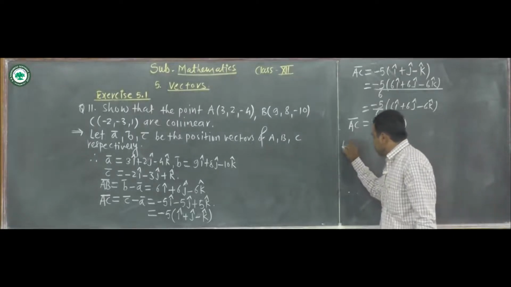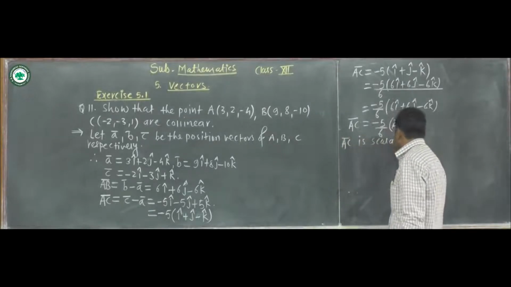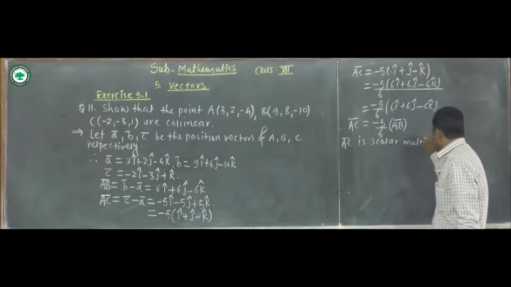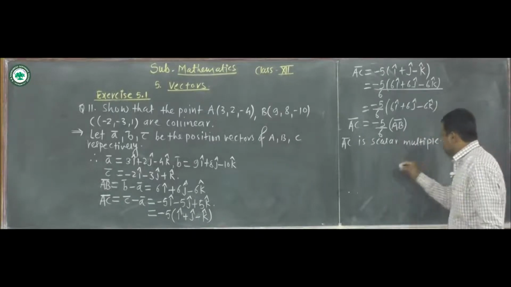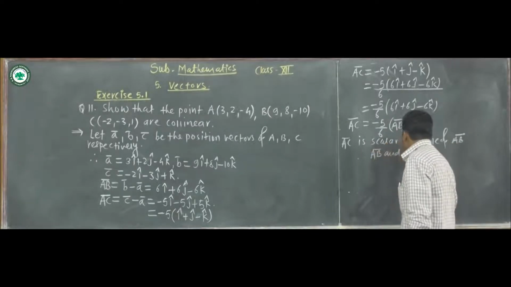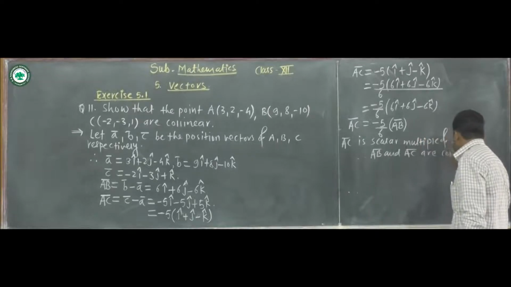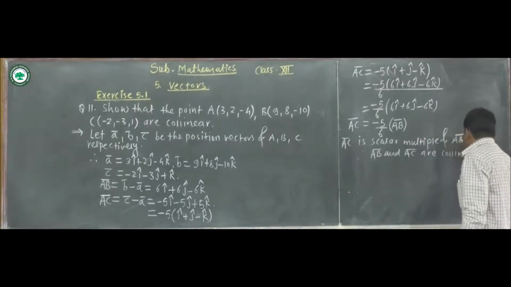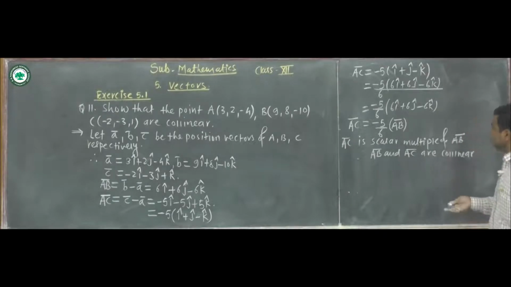This shows that AC bar is a scalar multiple of AB bar. So therefore AB bar and AC bar are collinear. It means that they lie on the same line or they are parallel to the same line.